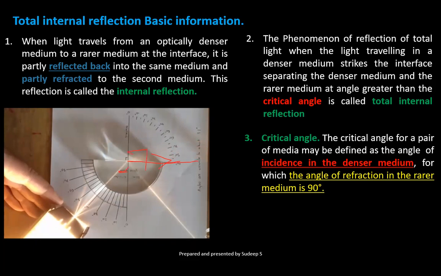Here my angle of refraction will be 90 degrees. ठीक है, और अगर मैं क्रिटिकल एंगल से एंगल ऑफ इंसिडेंस को और बढ़ा देता हूँ, तब मुझे टोटल इंटरनल रिफ्लेक्शन मिलेगा। I hope you understood these three basic terms. Let us go for further explanation of total internal reflection.